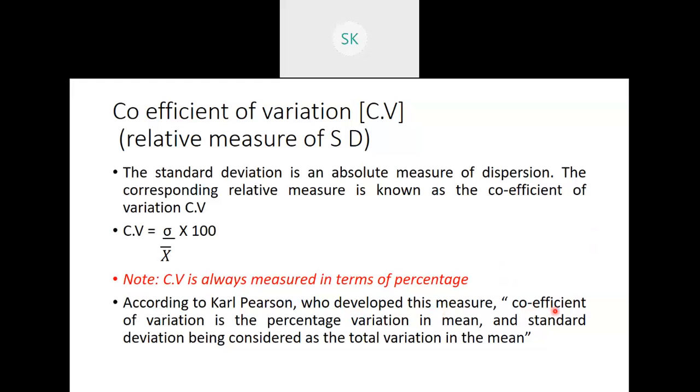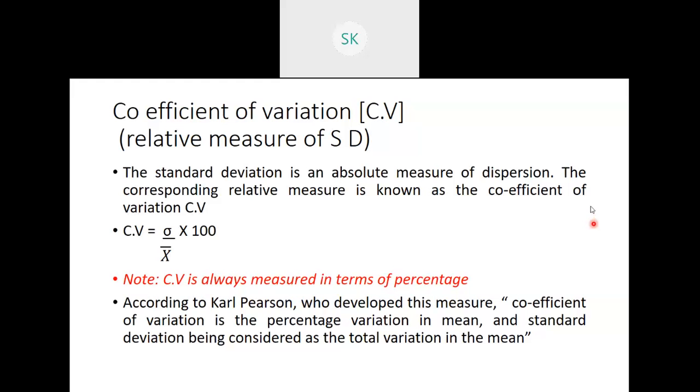He says coefficient of variation is the percentage variation in mean and standard deviation. Okay, it is the major part where you will have to understand there is a percentage variation in mean and standard deviation being considered as total variation in the mean. So you're supposed to consider them as total variation.